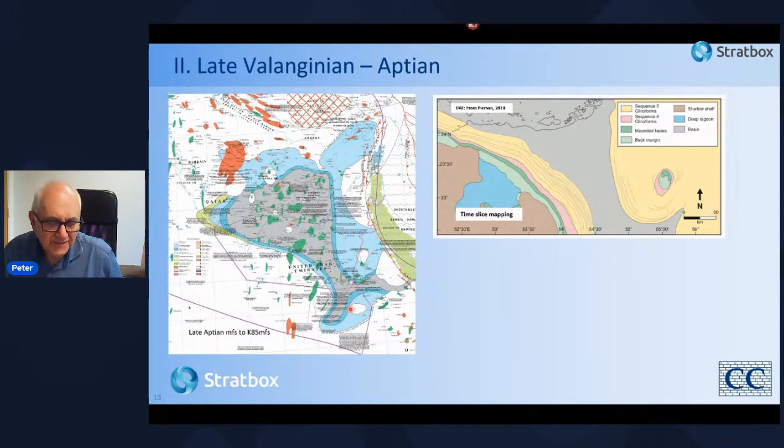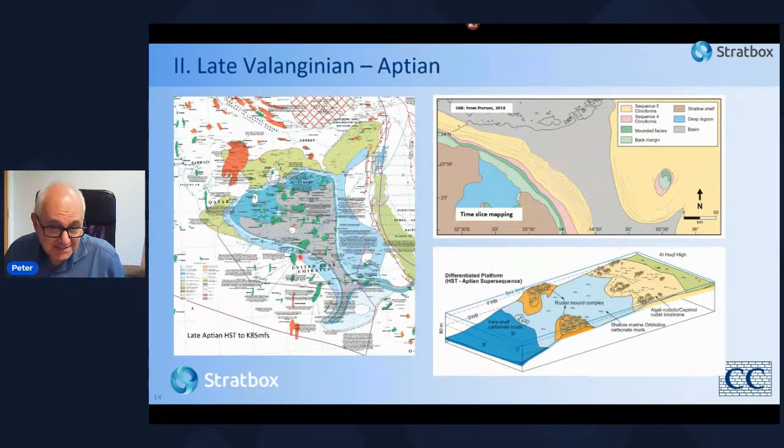So that's the late Aptian maximum flood to the K85 maximum flooding surface, and you can see the basins widened because the carbonate systems have stepped back in deeper water. And now we've switched to the high stand, and you can see the basins narrowed again. So this is a reflection of the progradation, which we show by these arrows, of the carbonate systems into the basin.